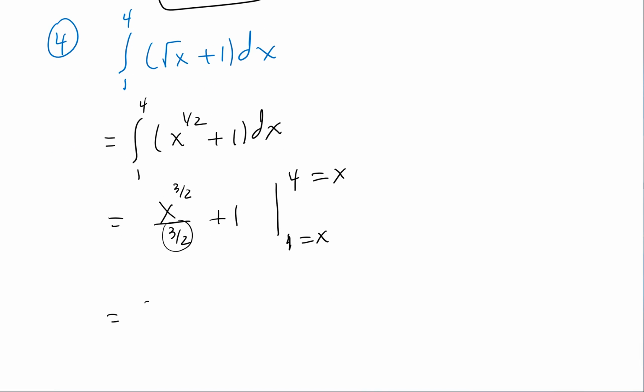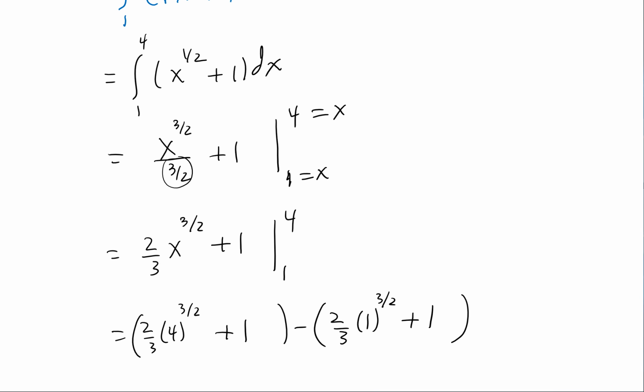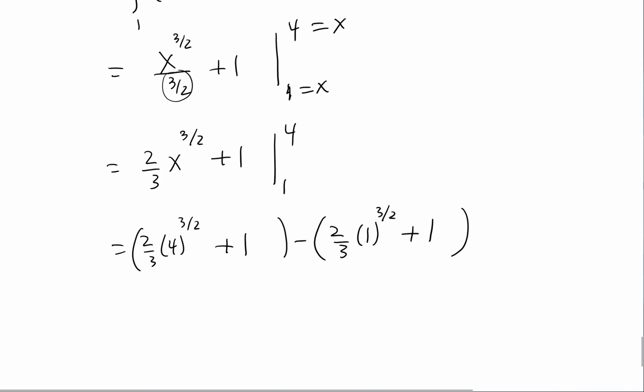This one you can flip it, becomes 2/3 x to the 3/2 plus x, from 1 to 4. And all you have to do is evaluate this now. Substitute the 4 in, 2/3 times 4 to the 3/2 plus 4, minus, substitute the 1 in, 2/3 times 1 cubed plus 1. If you put that into the calculator, 7.66.